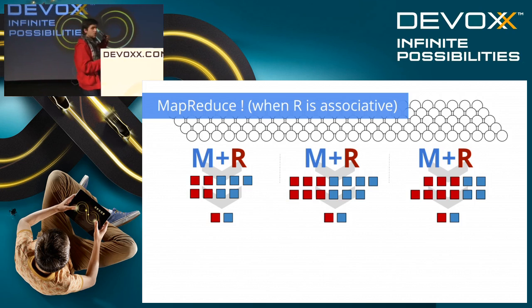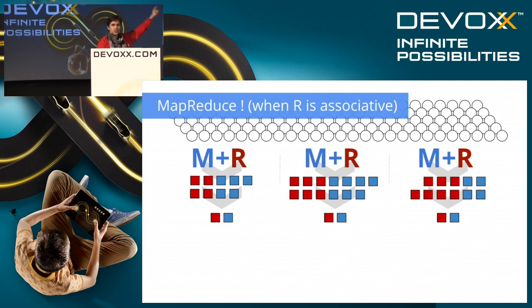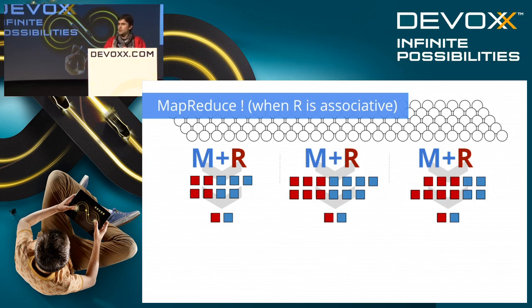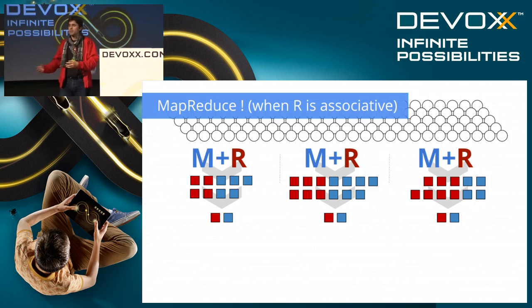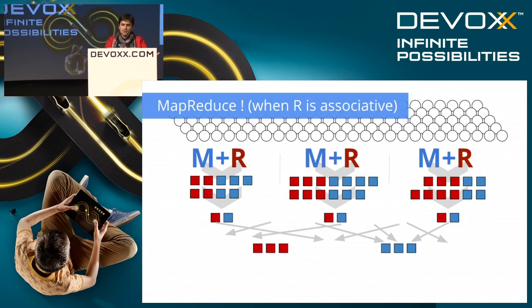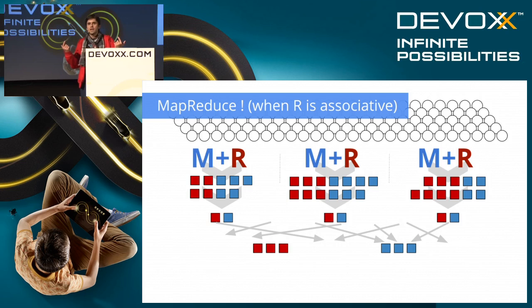So here, I can actually ship the reduce code into mapper nodes, and they can start computing partial sums, because sum is associative, so I can compute partial sums and reapply the reduce function again on later results. And then the shuffle step just shuffles the intermediate results.